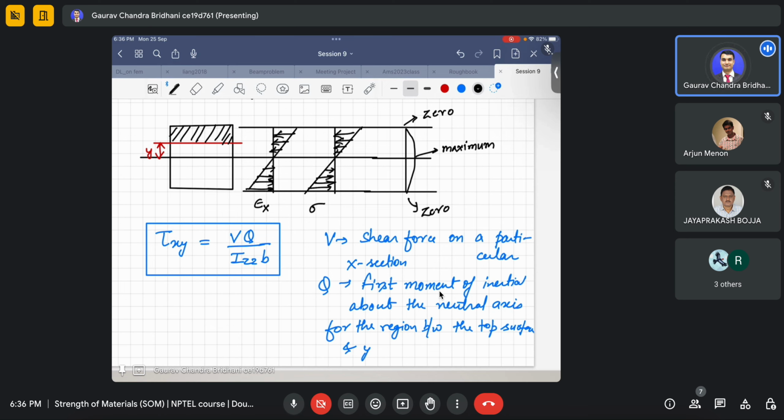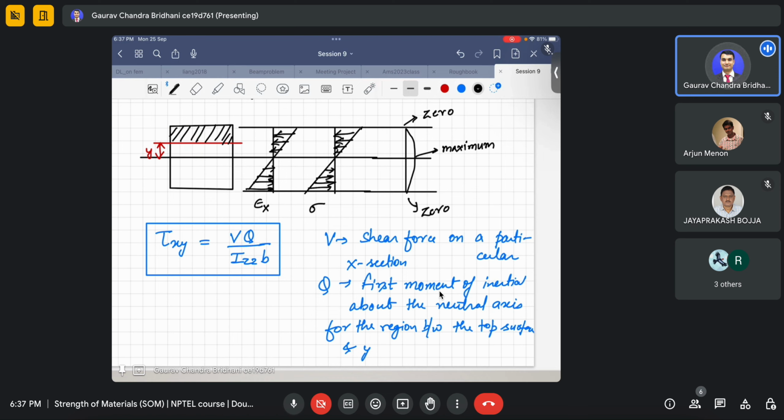In simpler geometry, rectangle or triangle, what we can do is find this area and then find the centroid of this area. The area of this shaded region multiplied by the distance between the centroid and the neutral surface will give us Q. So basically Q becomes A into y bar.